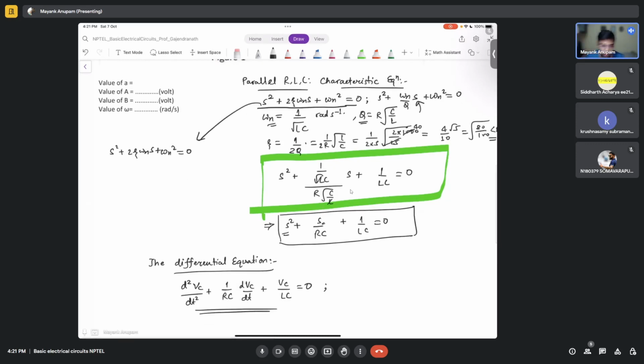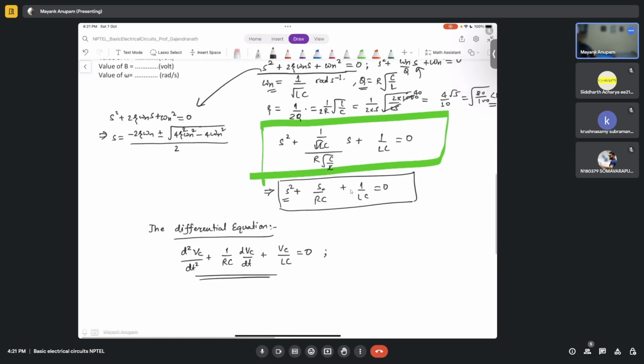So what are the solutions to this, what are the roots of this equation? S is equal to, what are the roots here?